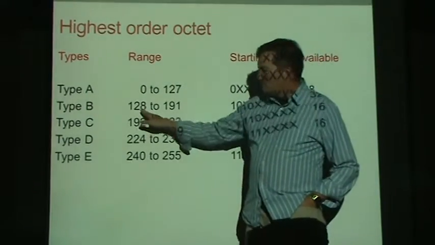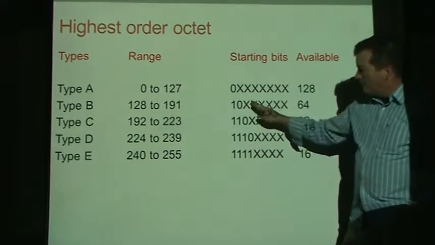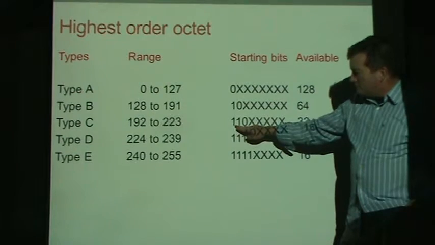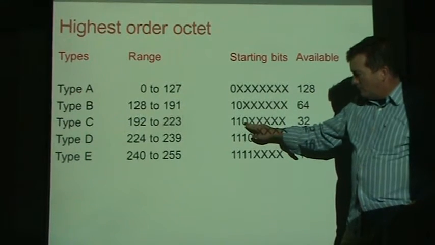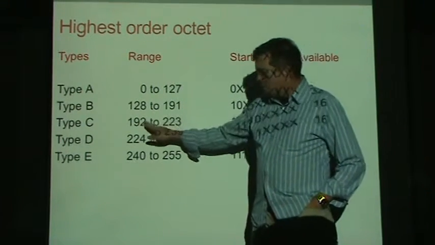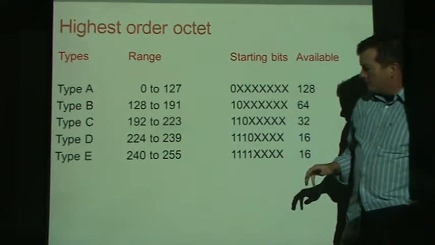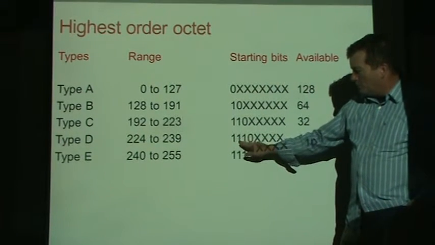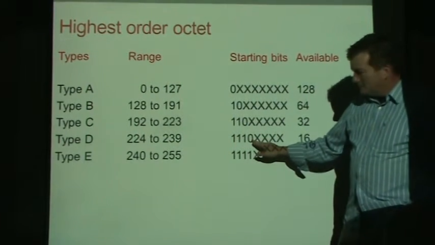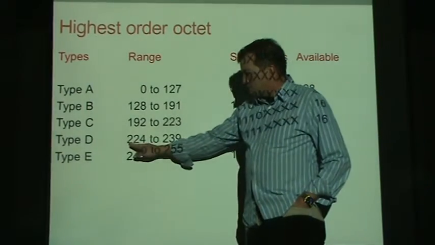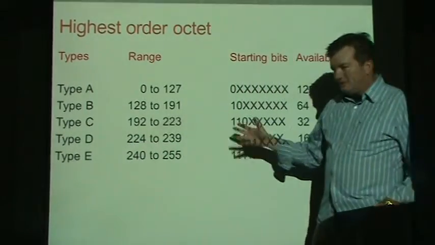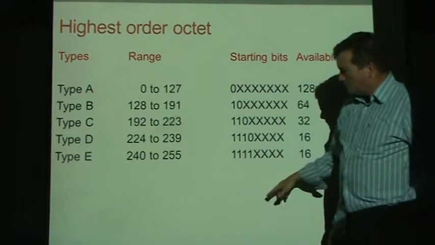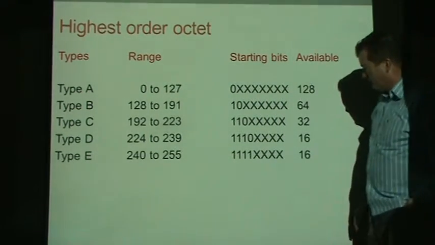So that would be numbers 128 to 191. The type C's start off with 110, which are the numbers 192 to 223. The ones that start off with 1110 are type D's, and those are numbers 224 to 239 in decimal. And the 1111s are the 240 to 255 numbers.